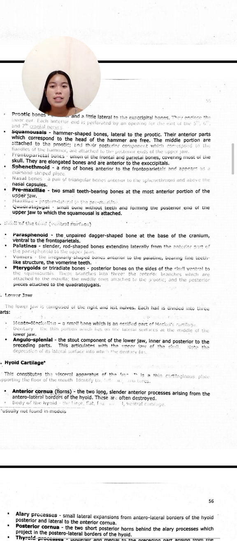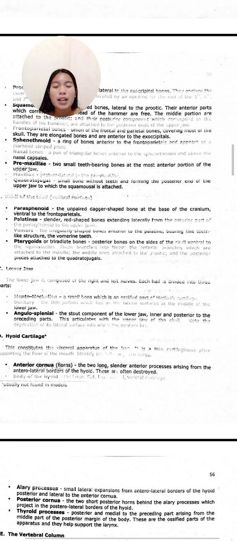So next is sphenoid of frog. So sphenoid bone is a ring of bones anterior to the front parietals and upper as a diamond-shaped piece.